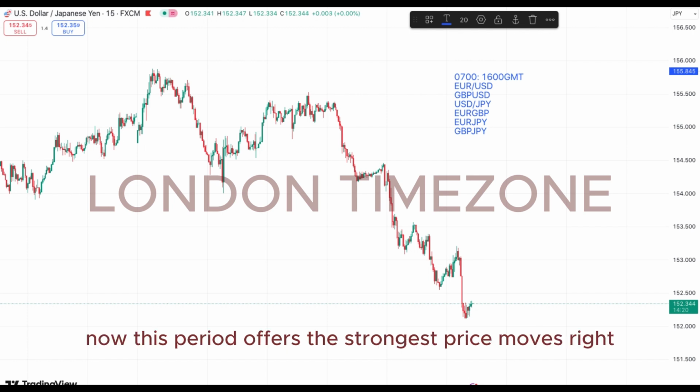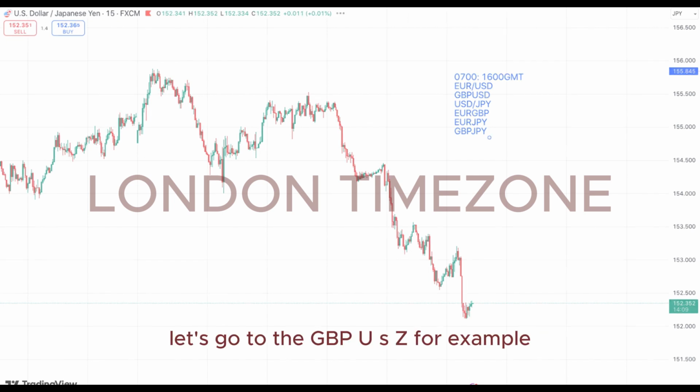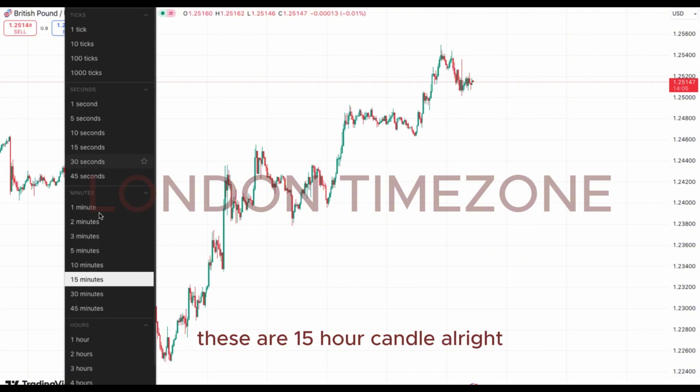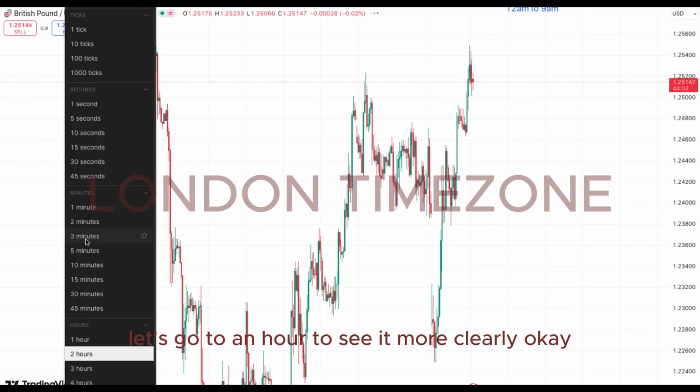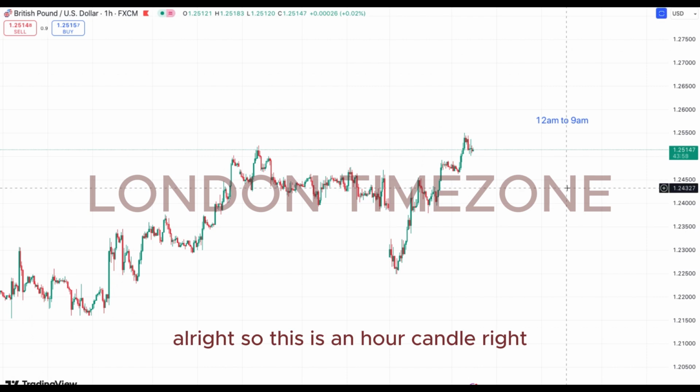Now, this period offers the strongest price moves, right? Like I said, I want to go to one of the pairs, which is the GBPUSD. Let's go to the GBPUSD, for example. This is a 15-minute candle. All right, let's go to an hour to see it more clearly. Okay, so this is an hour candle, right?